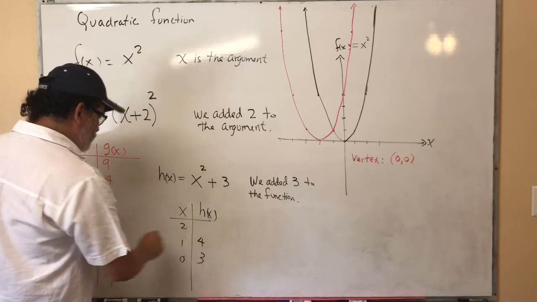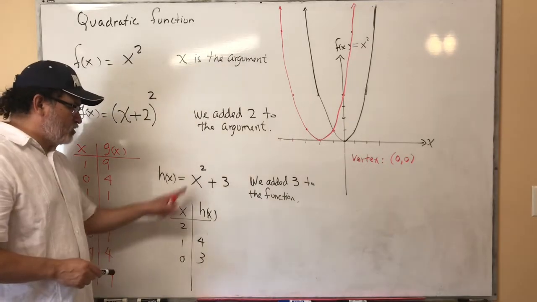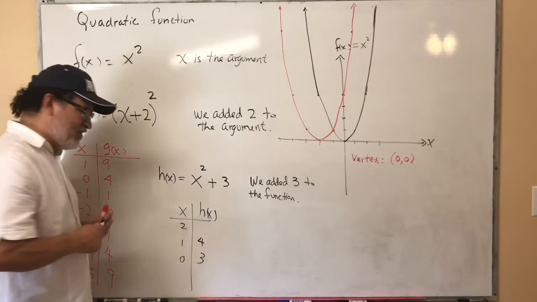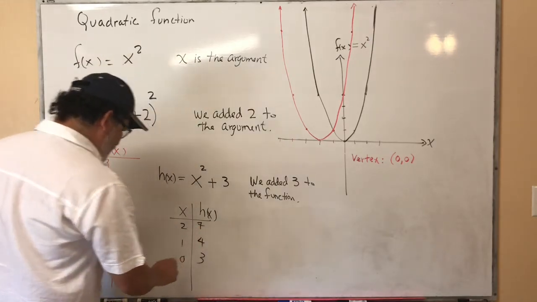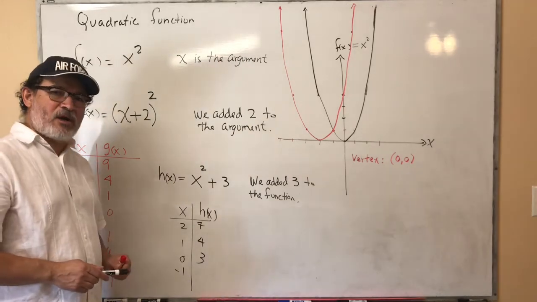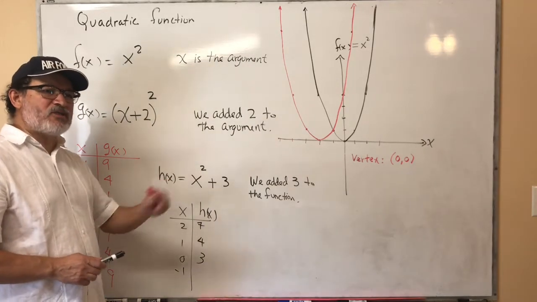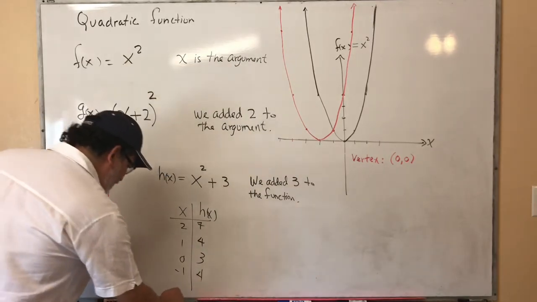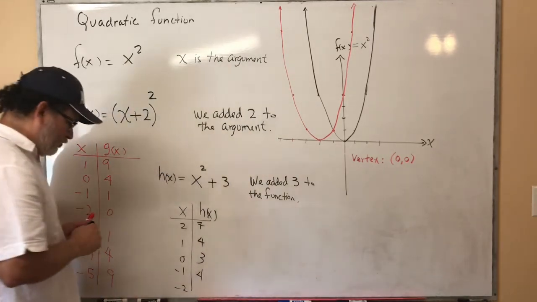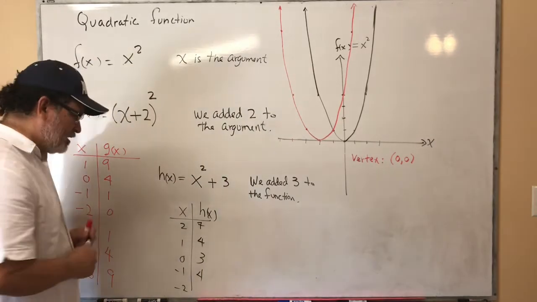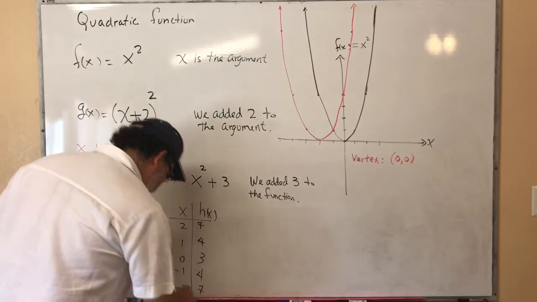If x is 2, what's 2 squared? 2 squared is 4. 4 plus 3 is 7. If x is -1, what's -1 squared? 1, and 1 plus 3, 4. If x is -2, what's -2 squared? 4, and 4 plus 3, 7. There you go.